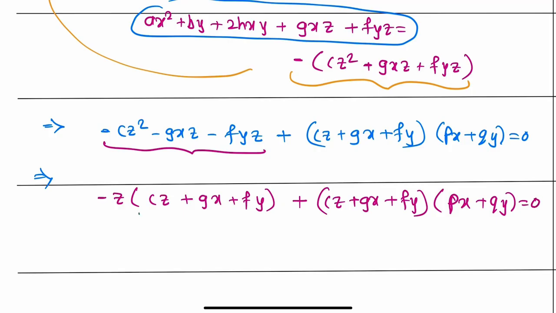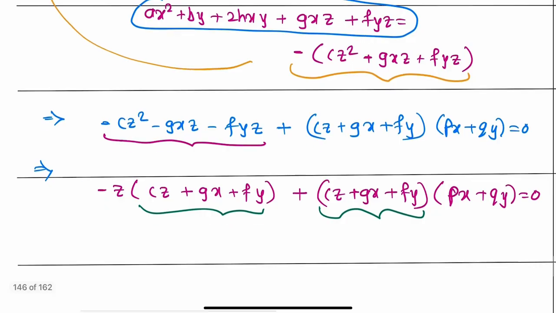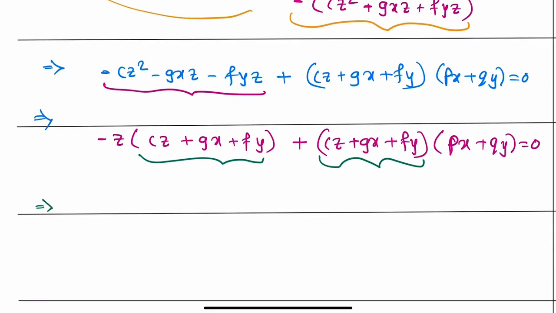If you observe, this factor is the same, so we can take it common. We are left with cz plus gx plus fy into px plus qy minus z equals 0.